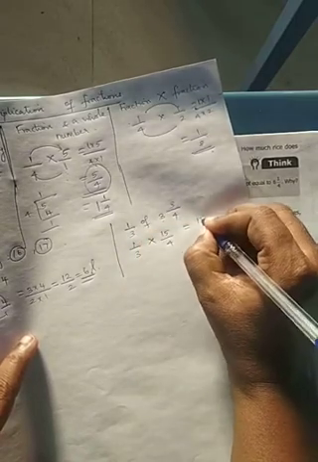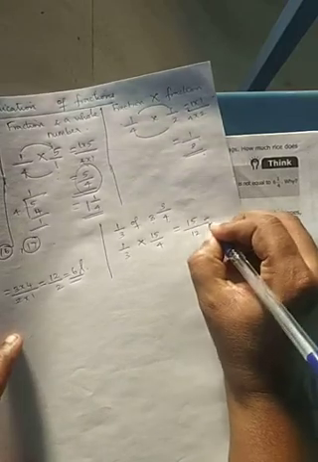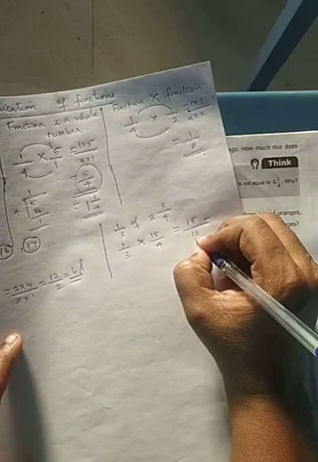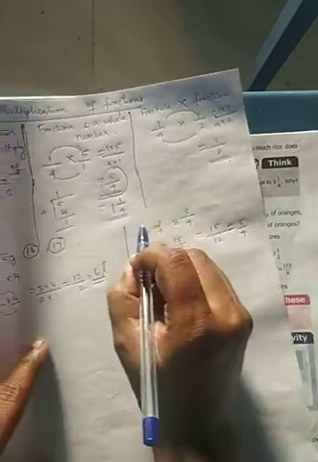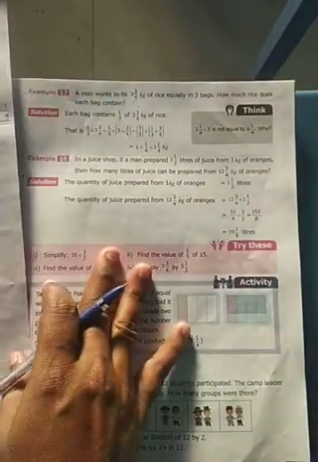Multiply it, it is 3/12. I can reduce. Reduce means both of them appear in the 3 tables. So it is 1/4. So this is the answer.